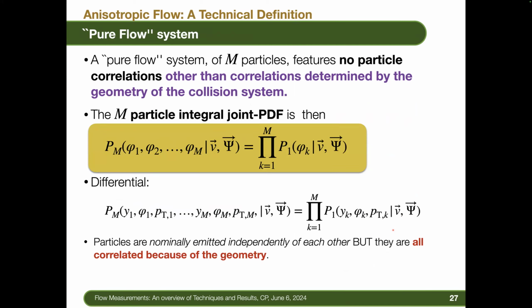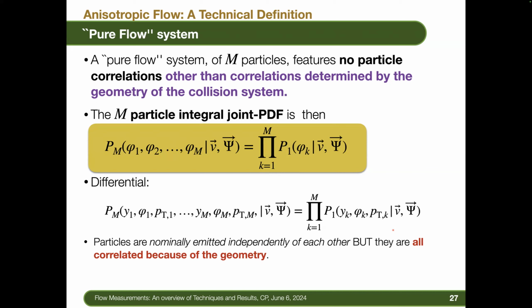I want to emphasize that what we have is a technical definition of what we call flow. And associated with this technical definition, we can consider a system that would be purely flow. And what I mean by this is a system involving, let's say, m particles that would involve no correlation whatsoever between them.